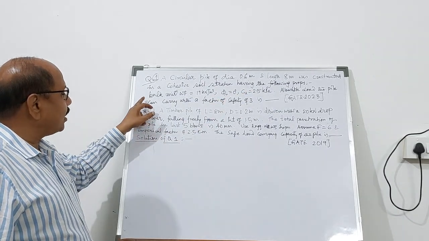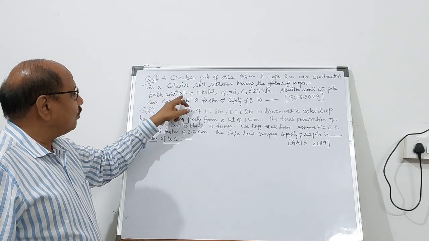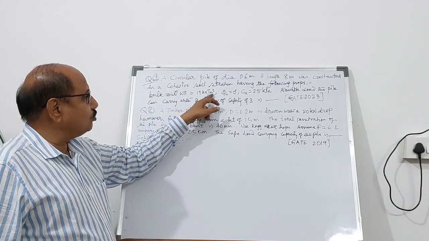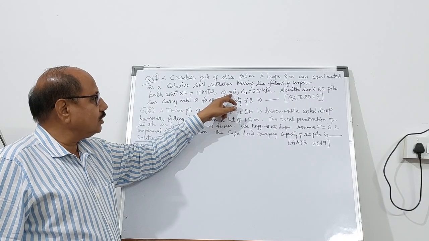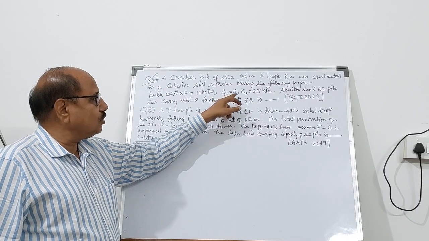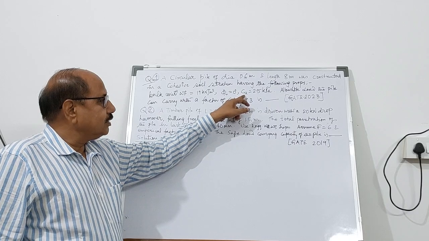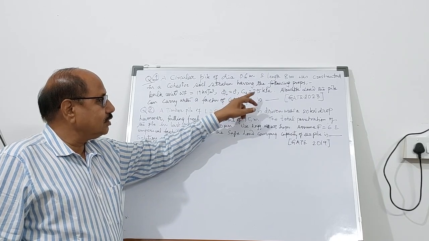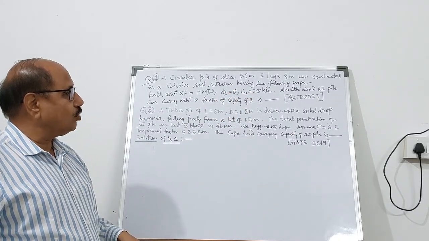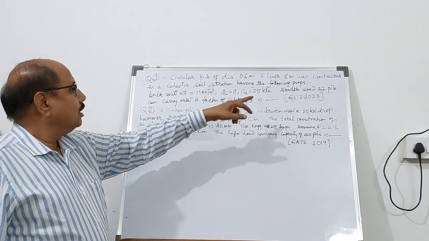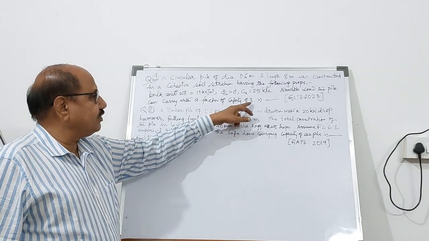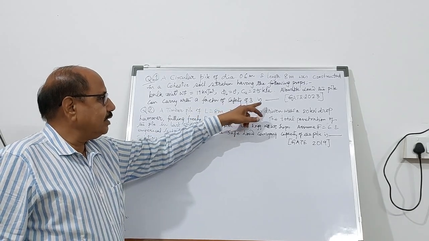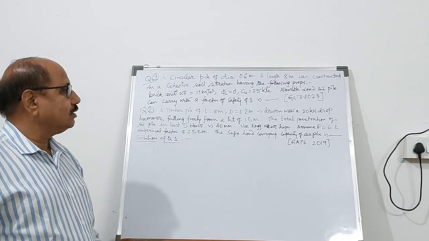The bulk unit weight is 19 kilonewton per cubic meter and the angle of internal friction in undrained condition, phi u, equal to 0 degree. The undrained cohesion is given as 25 kilopascal. The allowable load the pile can carry with a factor of safety 3 is to be calculated.